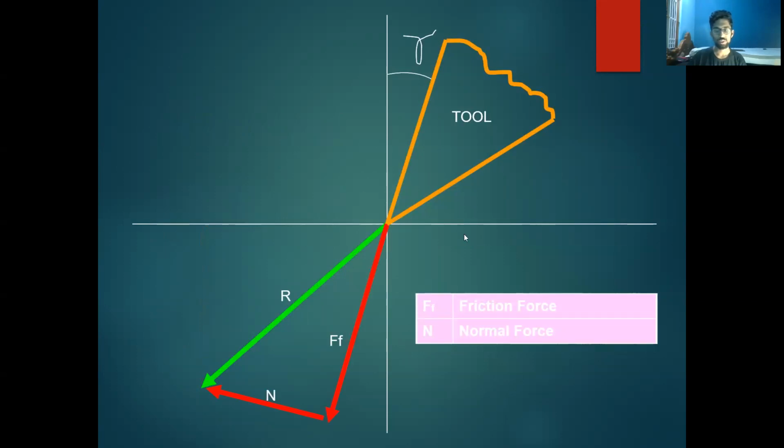Next, we are going to talk about the frictional force and the normal force. This relates to the tool rake angle. From the extension of the tool rake angle, the force comes down and is considered the friction force, FF. Here N represents the normal force, which connects the resultant and the friction force.